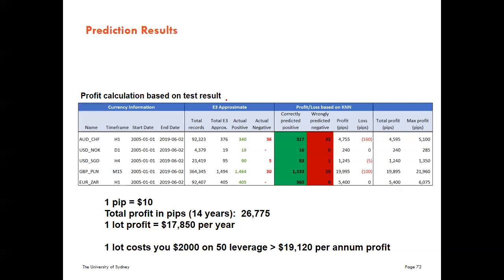Even if you don't look at this fourth one, in every pair you are making good money. Look at the first one, 317.32. So almost 10%, which means 90% of the time you are making money.